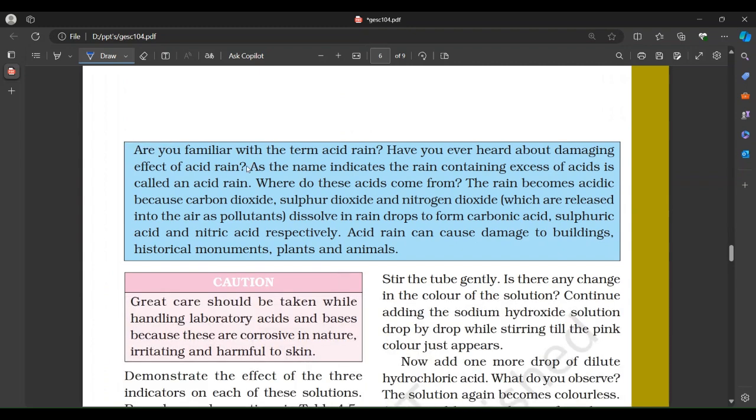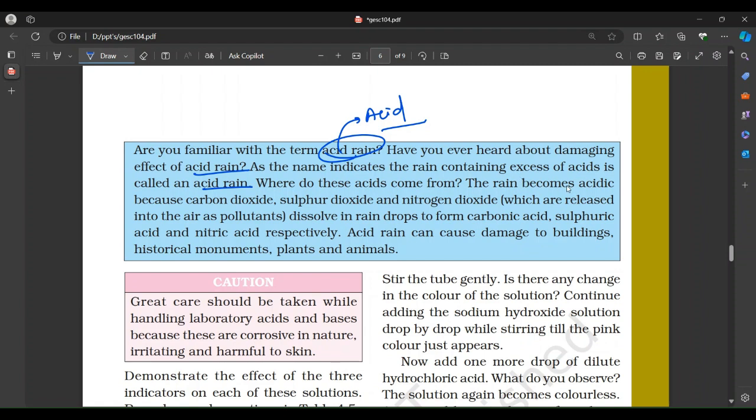Before that, are you familiar with the term acid rain? Yes, again here the word acid comes, that's why this topic is here. Have you ever heard about the damaging effect of acid rain? As the name indicates, rain containing excess acids is called acid rain. So where do these acids come from?